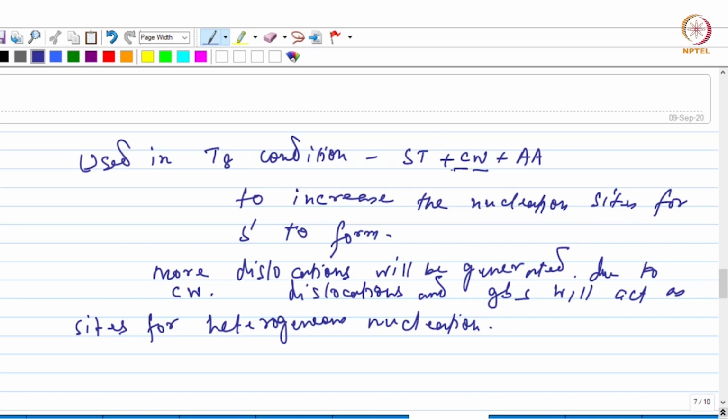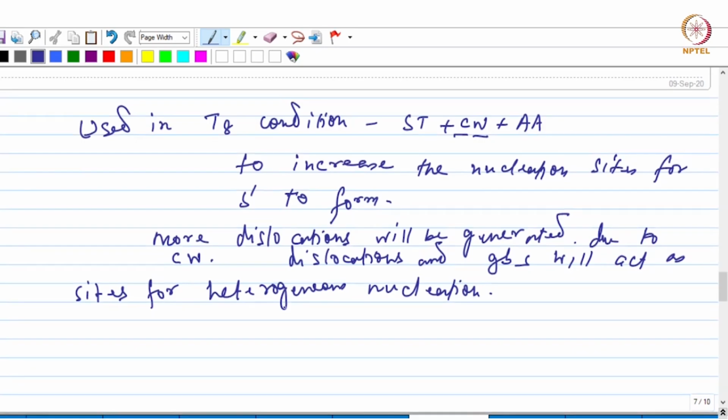If it is simply solution treated and aged, the dislocation density is not really high, and therefore the S prime precipitate may not form as uniformly or in the number which will give rise to a high hardness, right? So therefore, in order to ensure that it forms uniformly in large number, this is given a cold working before the artificial aging, so that the defects like dislocations and grain boundaries can act as the nucleation sites for the heterogeneous nucleation of the S prime precipitate.